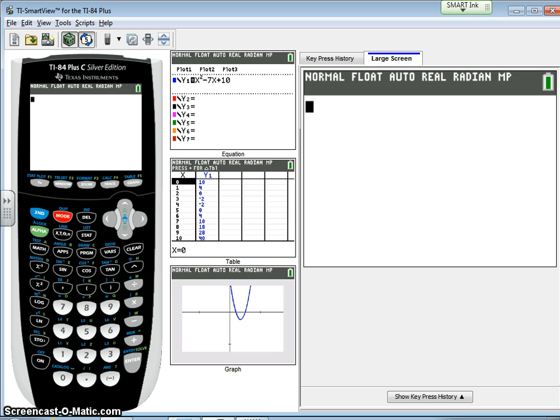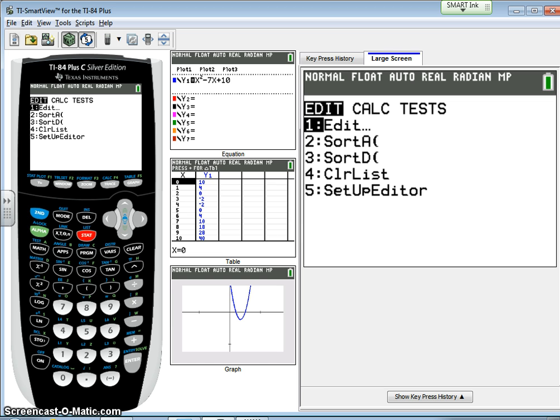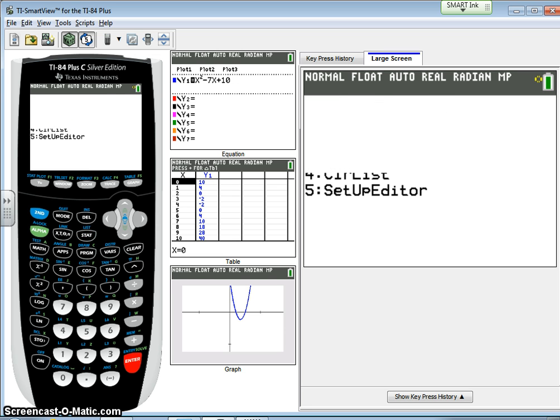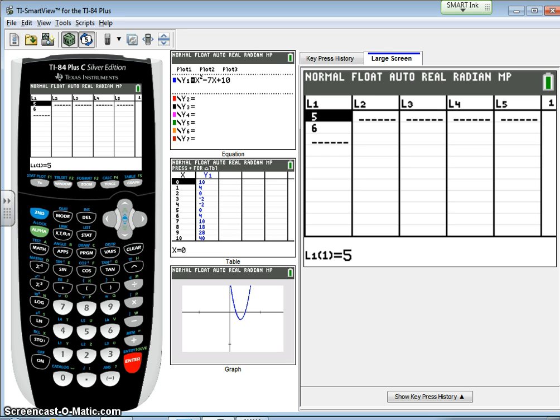The first thing I'm going to do is hit the stat button to get to the stat page. Now I've got 3 choices on the top: edit, calc, or test. We're only going to use edit and calc today. We're going to start in the edit mode, and it's on number 1 down here, edit. So I'm going to hit enter, and I get a bunch of tables that look like this: L1, L2, L3.